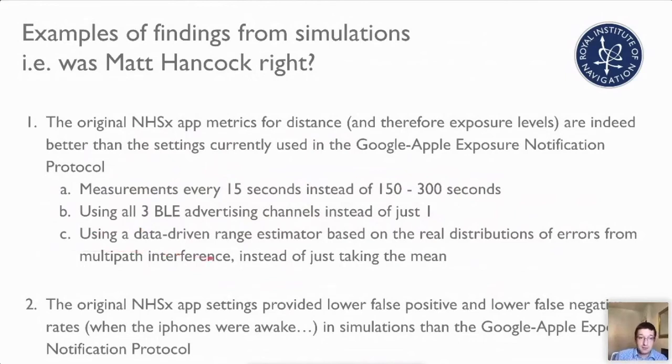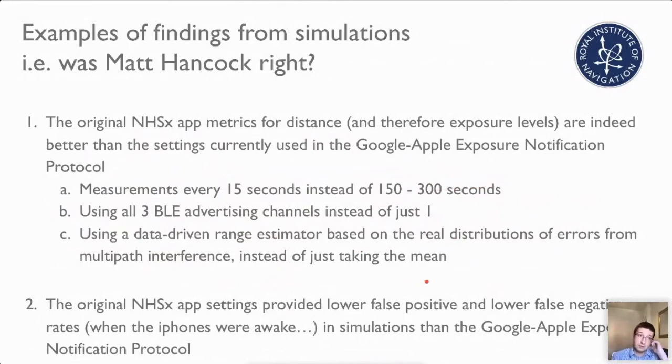And critically, the NHSX app were using a really impressive, very complicated Gaussian processes-based data-driven estimator for range. So a complicated way of doing a good range estimate, given the data that they could gather. The original Google Apple Exposure Notification was just taking the mean.